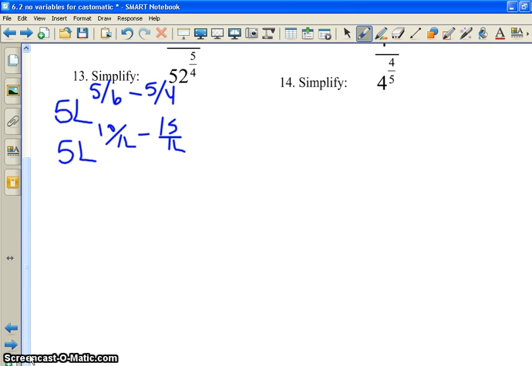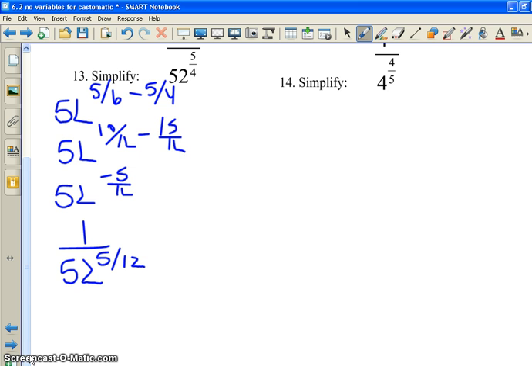I'm going to extend this page here, 5 to the negative 5/12. Now, I need to make that positive, so I'm going to take 1 over 5 to the positive 5/12. But we never want to have a radical in the denominator. So I need to rationalize that by making it a non-radical, non-exponent in the denominator here. So I'm going to say, what do I need to multiply 5/12 by in order to get 12/12?